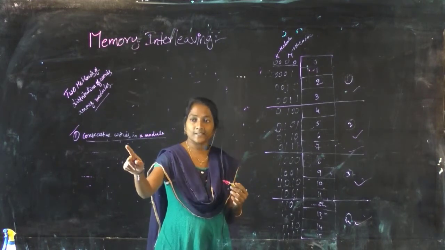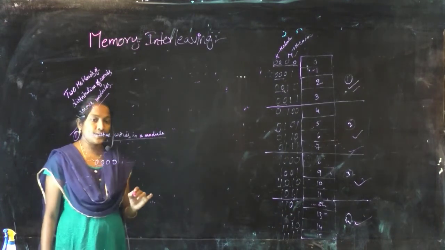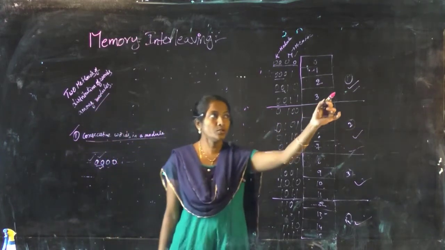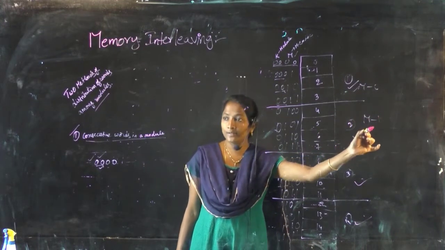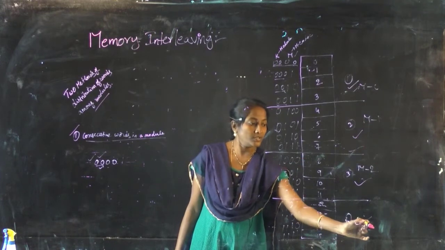In the first case, the processor sends the address 0000. The higher order bits are used for selecting the module, so module 0 will be selected. This is module 1, this is module 2, this is module 3.